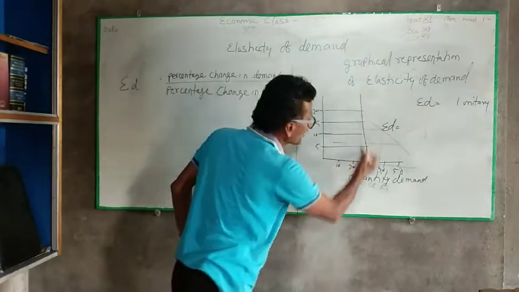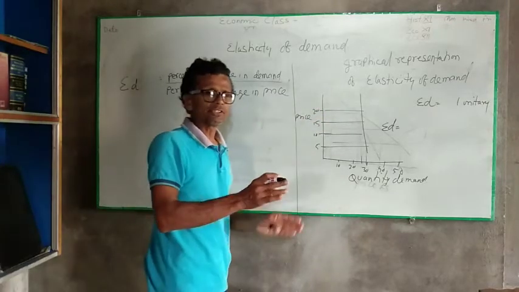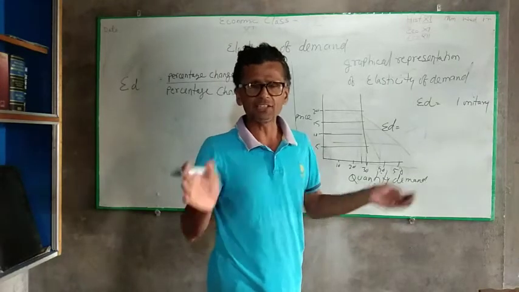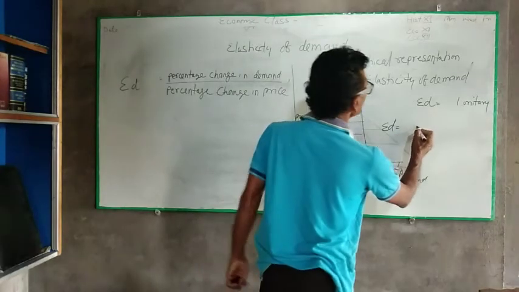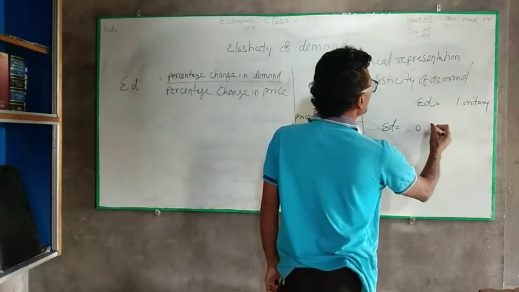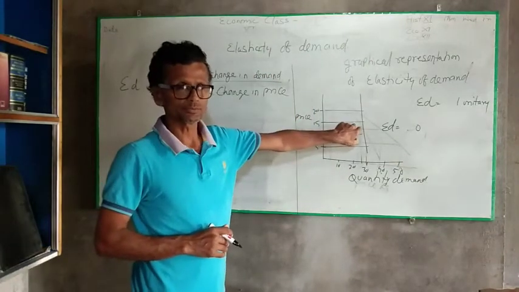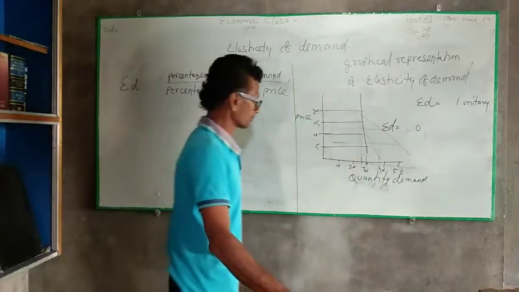The demand remains constant at all the prices. It means the elasticity of demand is 0, inelastic. So the demand is inelastic, equals to 0. There is no change in the demand.